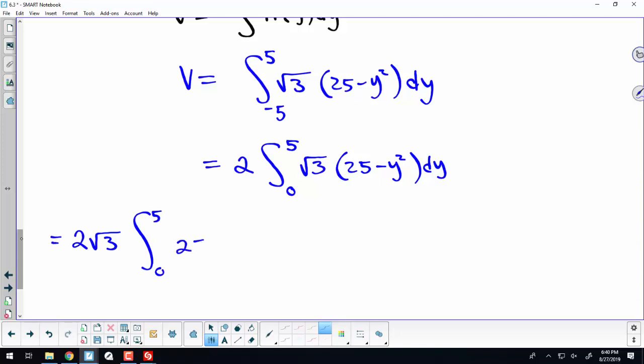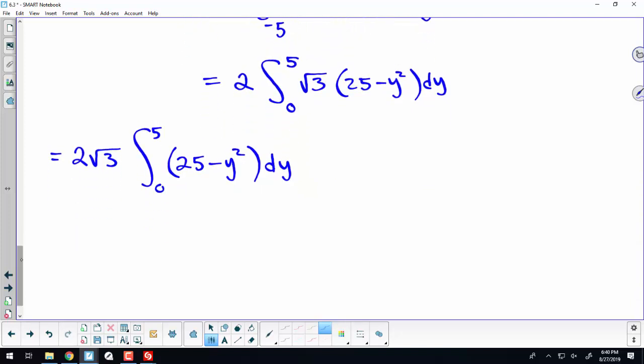So we just need to integrate 25 minus y squared with respect to y. And so we have 2 root 3, put this in brackets, 25y minus y cubed over 3, evaluated from 0 to 5.